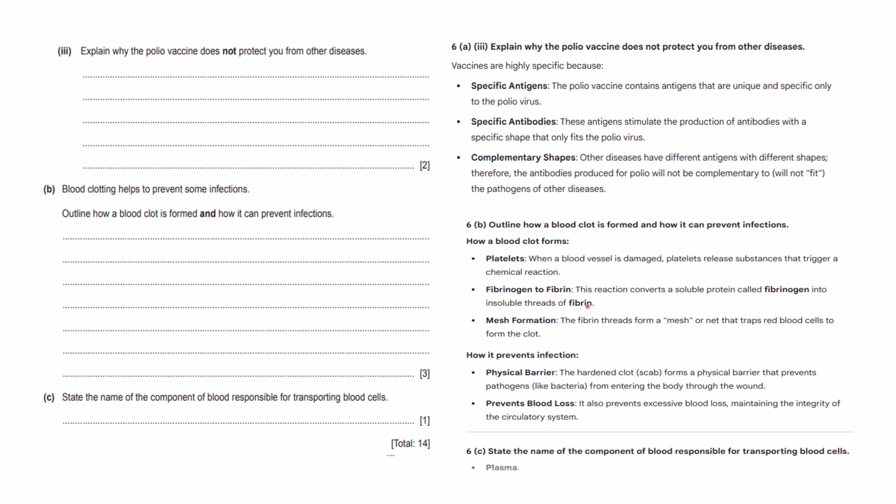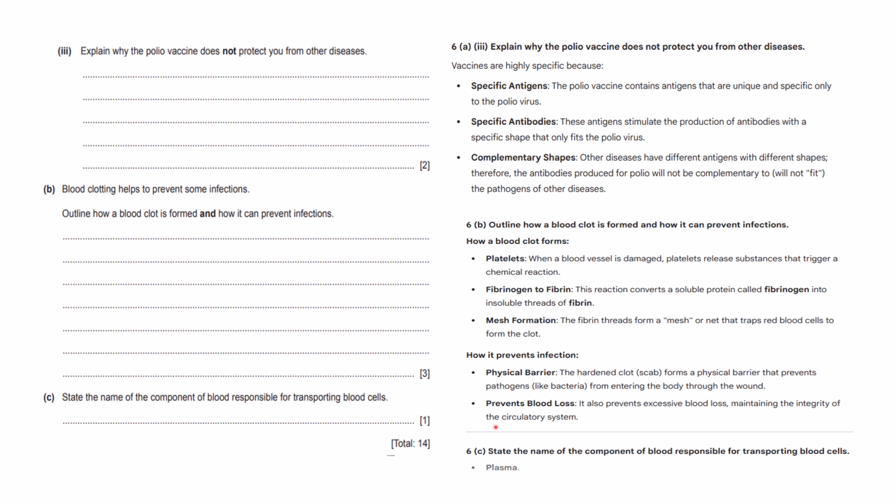Fibrinogen to fibrin. This reaction converts a soluble protein called fibrinogen into insoluble threads of fibrin. Mesh formation. The fibrin threads form a mesh or net that traps red blood cells to form the clot.